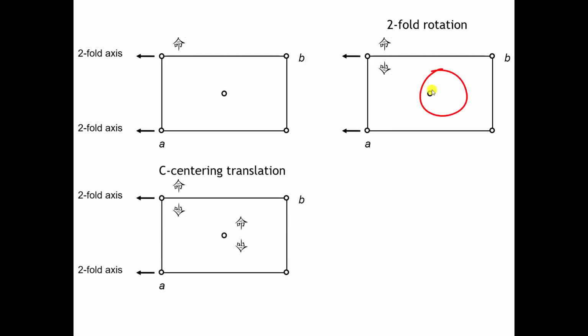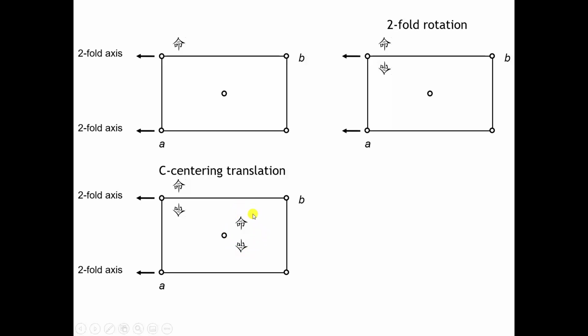Now that would also correspond to taking the XYZ coordinates, the fractional coordinates of each of these characters, and adding 1/2 the A lattice vector and 1/2 the B lattice vector. And when we do that, we will generate these characters that I show here.